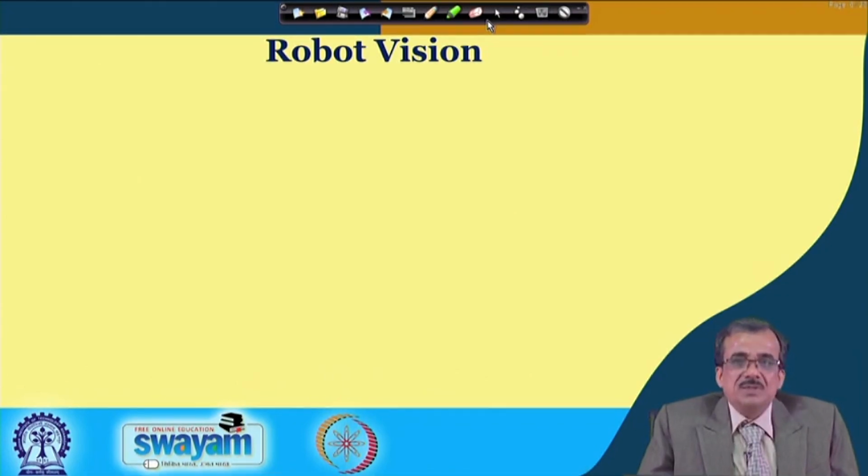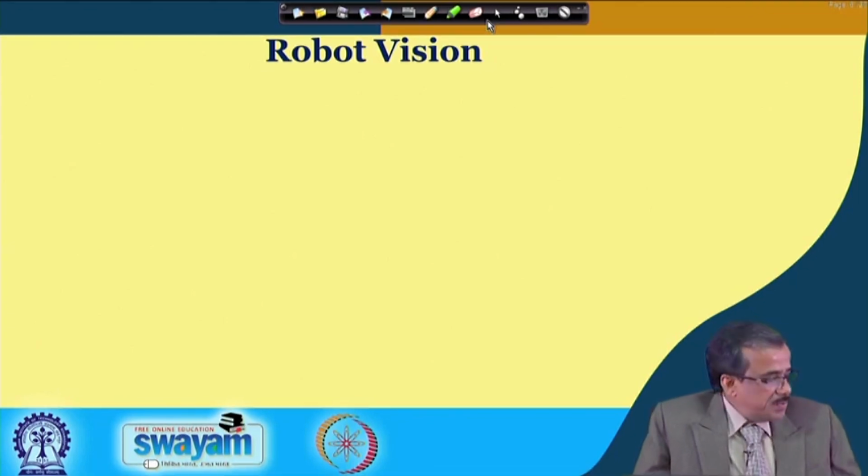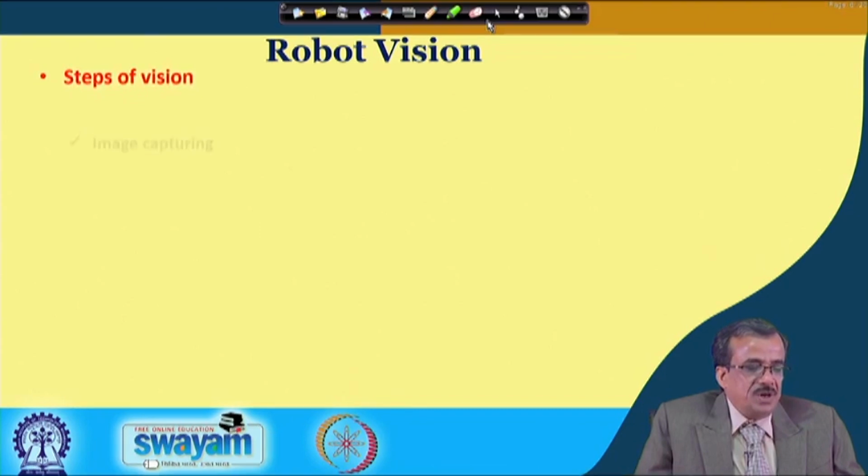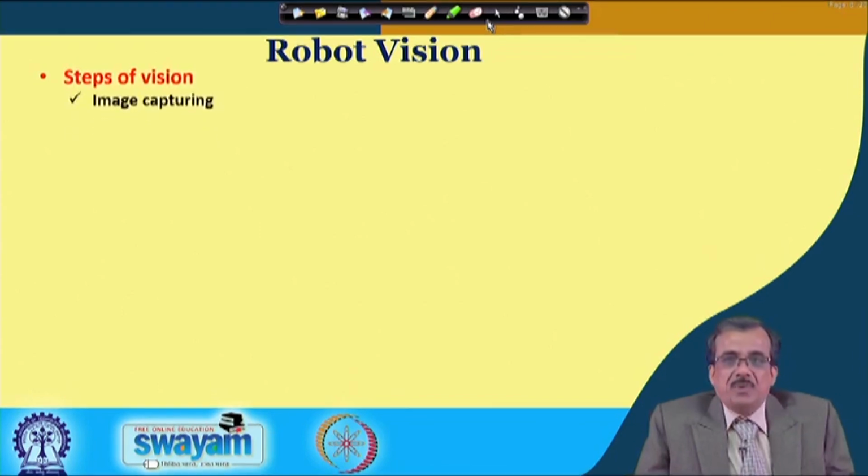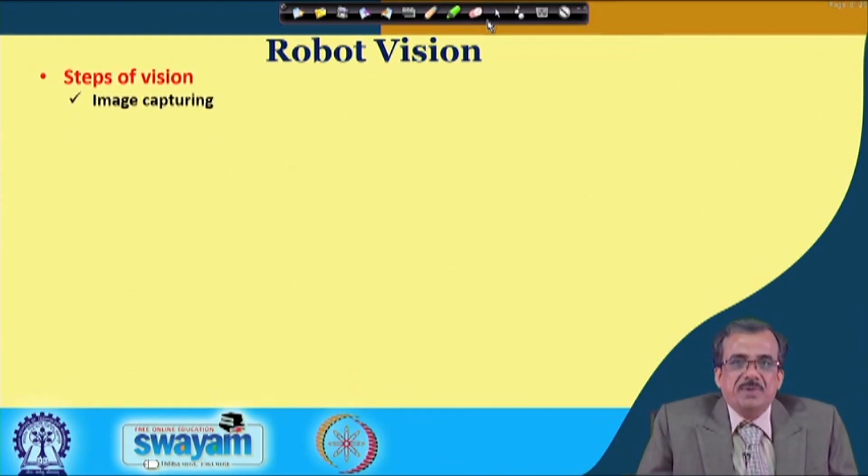Now, what we do is we follow certain steps for this robot vision or computer vision. The steps are as follows. We take the help of some CCD camera and we go for image capturing.